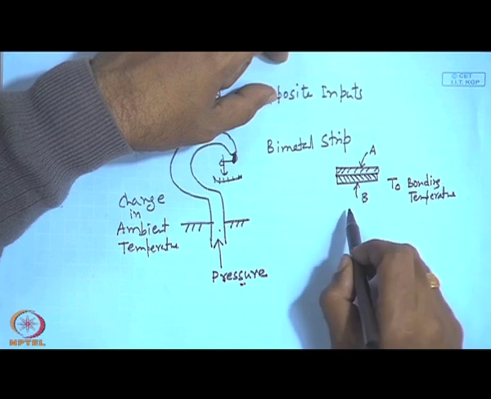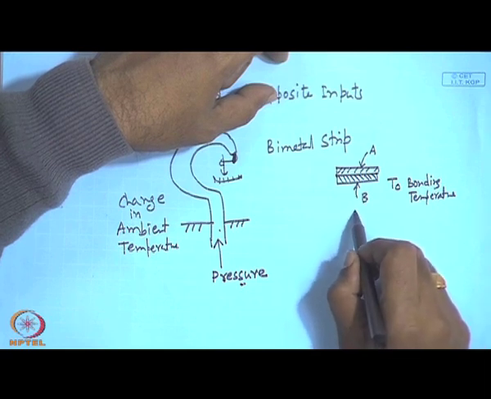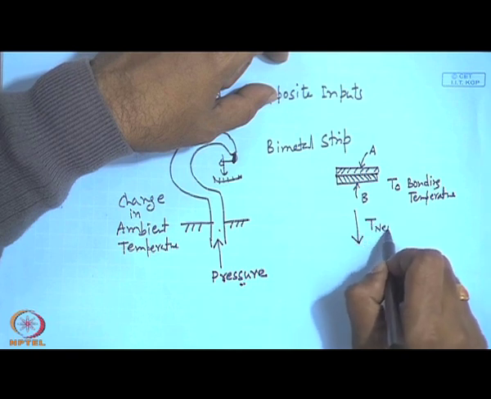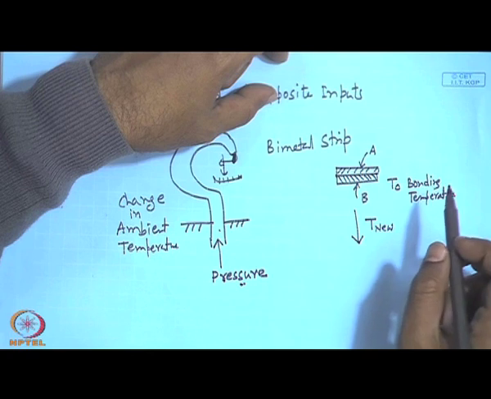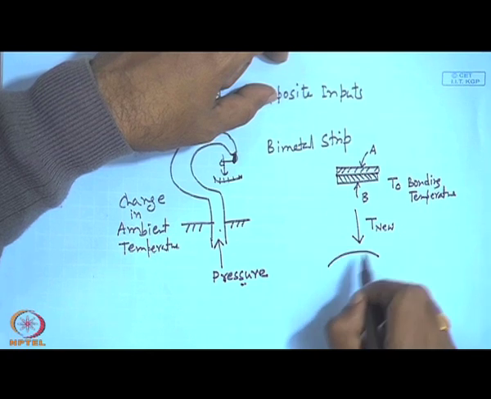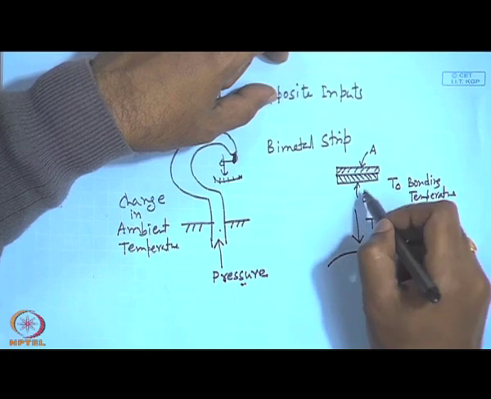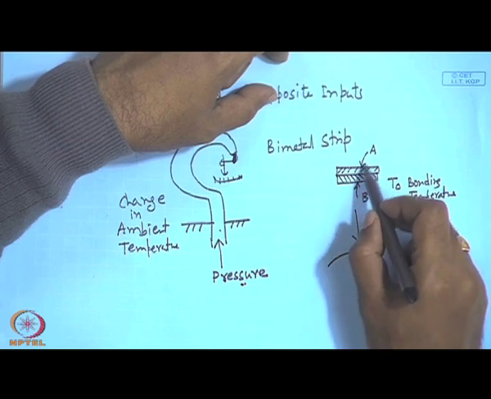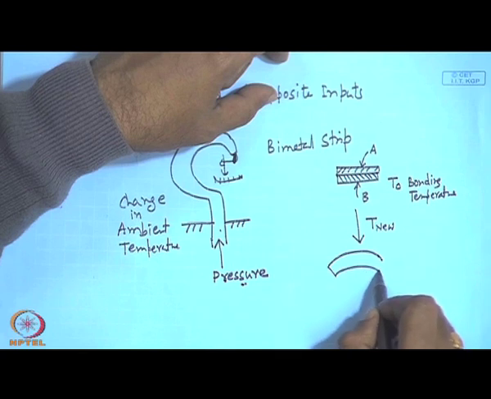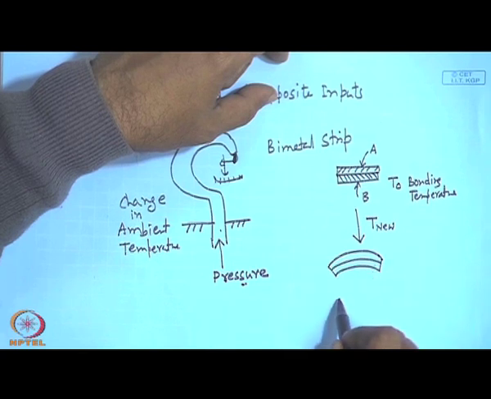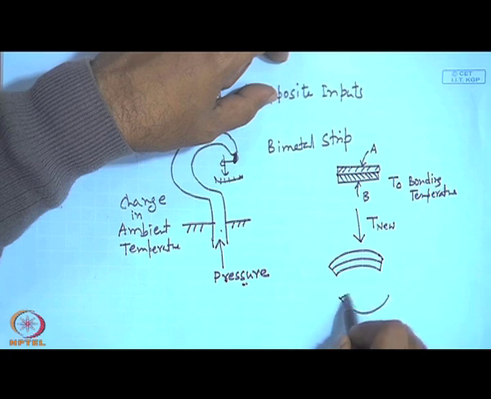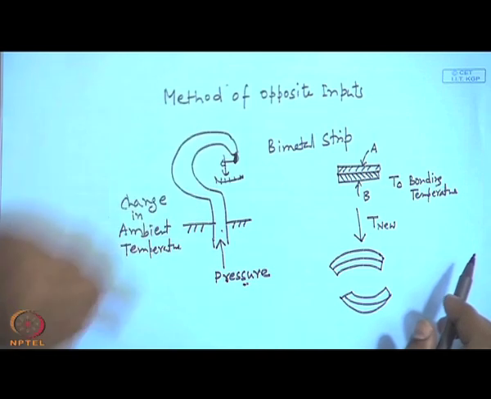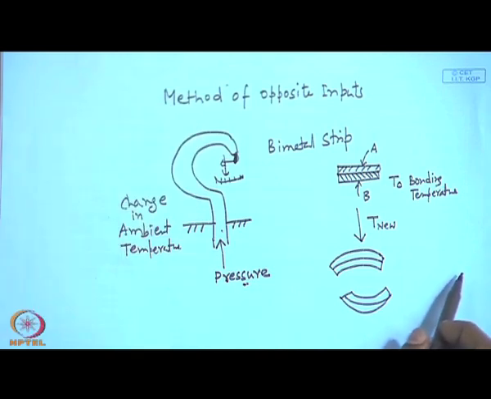Now, if I subject this bimetal strip to a different temperature, say a new temperature, the bimetal strip, since they have different thermal expansion coefficients, can deflect like this or can deflect like this.